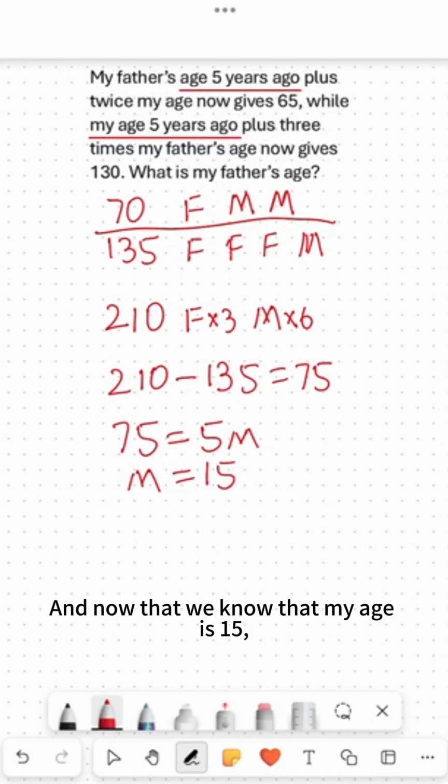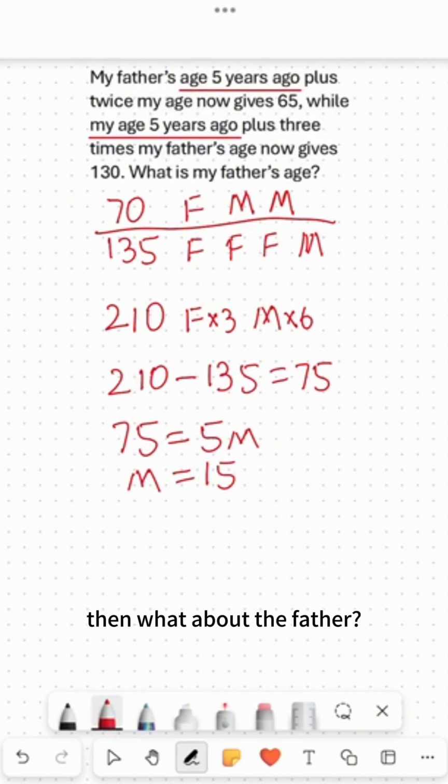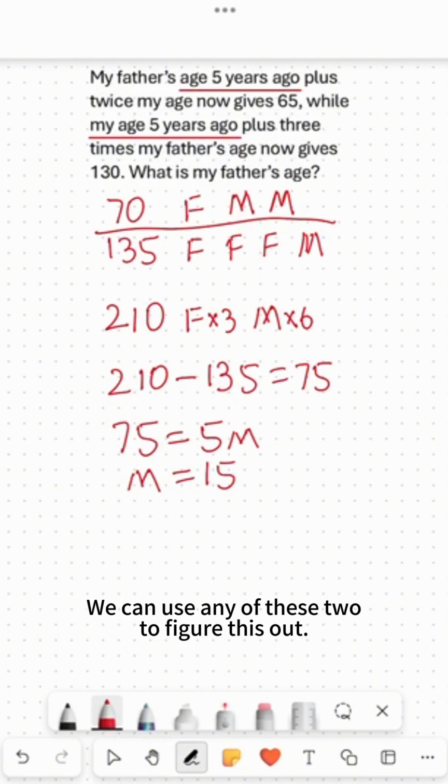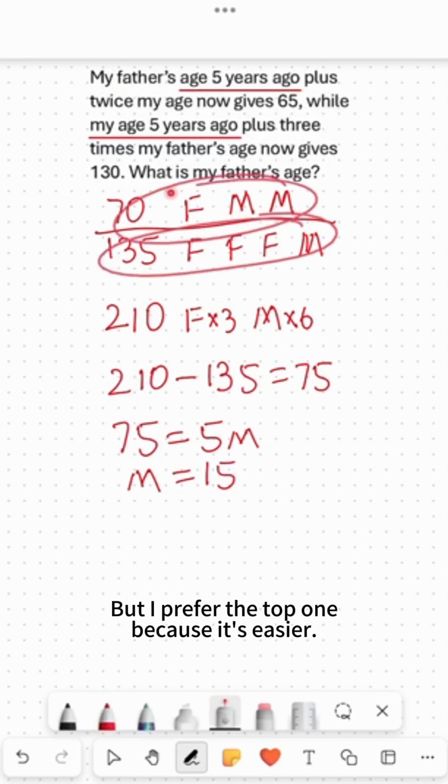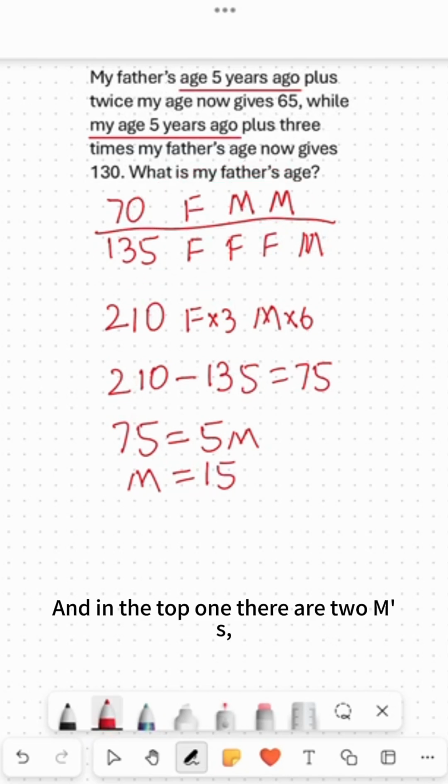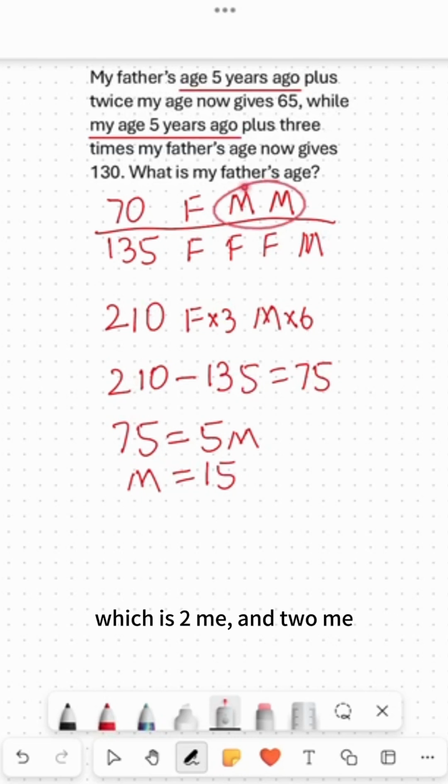Now that we know that my age is 15, what about the father? We can use any of these two to figure this last step out, but I prefer the top one because it's easier. In the top one there are 2 M's, which is 2 me's.